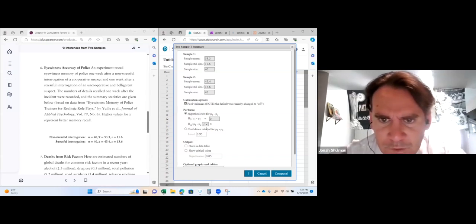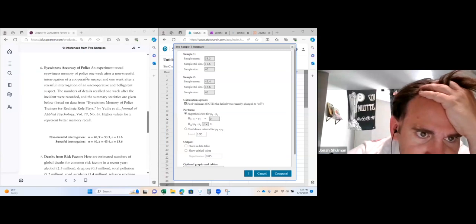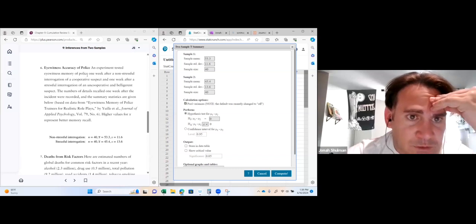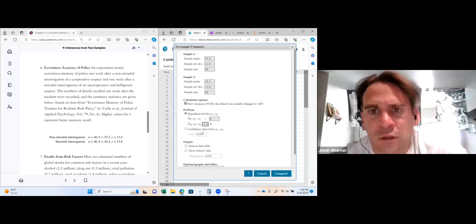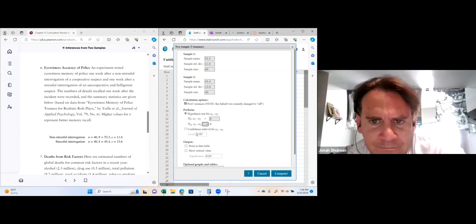We always have the pooled variances, and they want to know, test the eyewitness memory of police. So it's the same cops, and I'm assuming that it's going to be better. So this can be a positive number when it's not stressful. So that's what I'm going with.